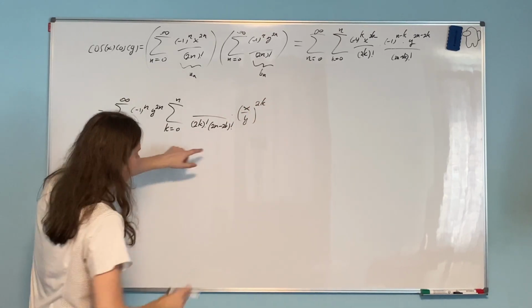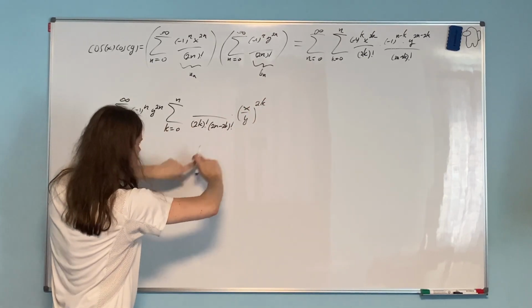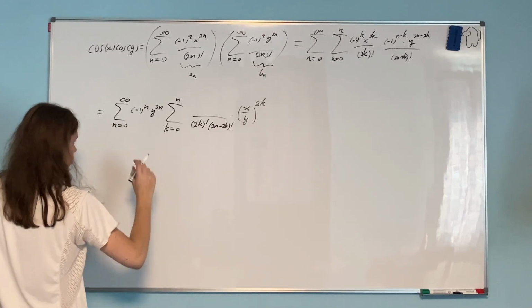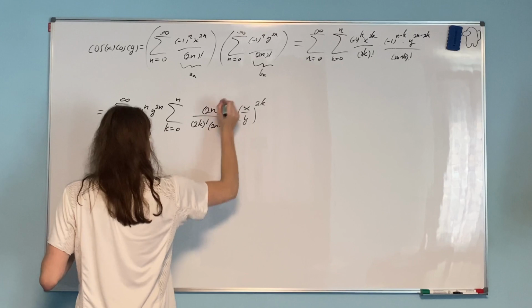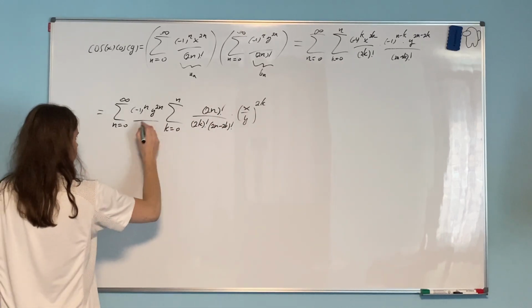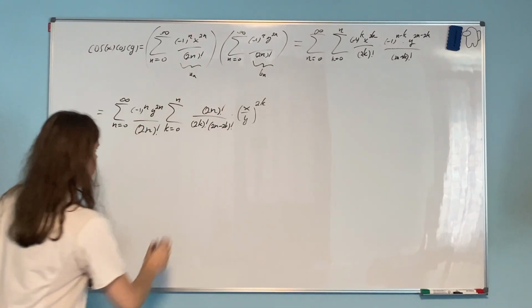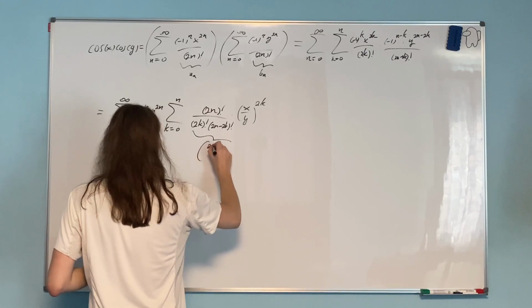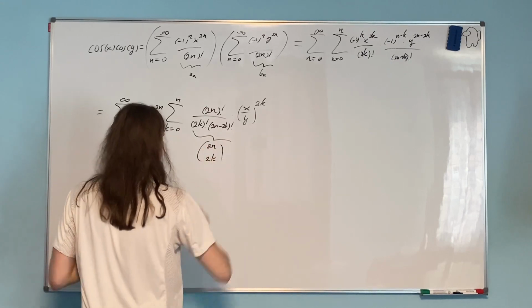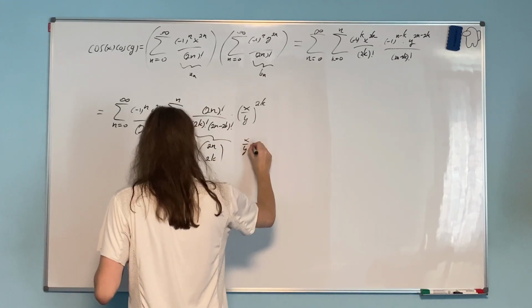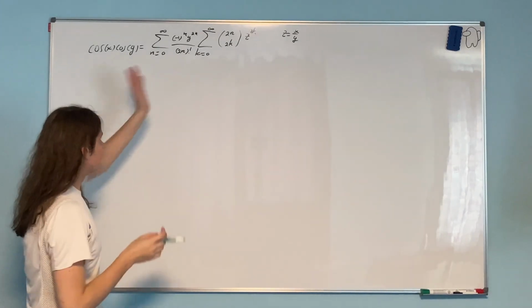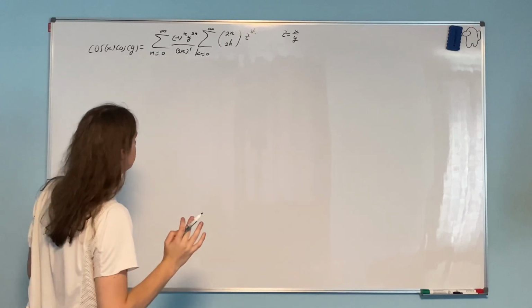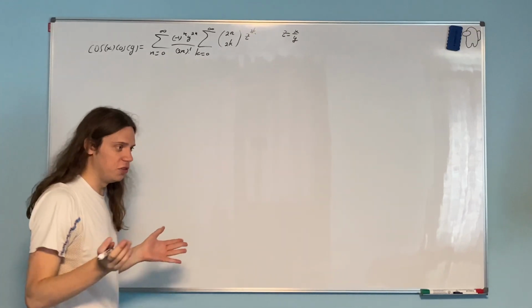And now, if you can see here, we're actually very close to having a binomial coefficient. So what we do is add an extra 2n factorial term here and divide it out here. So now this is 2n choose 2k. Also, I'm going to denote x over y as z. Okay, at this point, when I first tried this, I was just kind of stuck and wasn't really sure what to do.